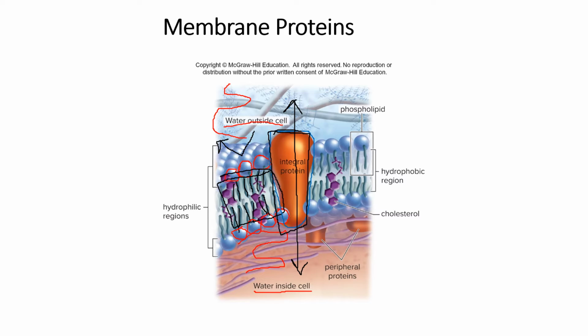Some other components of the membrane, at least one that's really important, is this guy right here, which from chapter 3 you should recognize as a sterol. It is cholesterol, and cholesterol helps the membrane be very stable.